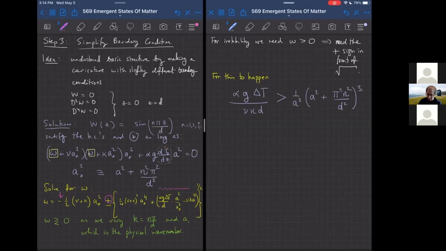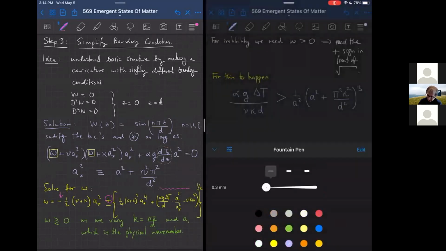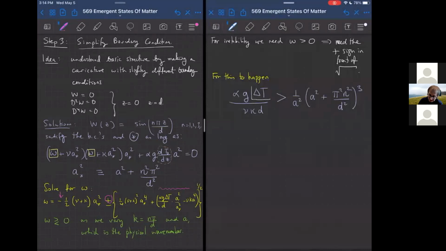Okay, so what you can see now is that this is a condition on delta T. Ultimately, what this is going to turn into is a condition that tells you how big a temperature difference you need in order for the system to go unstable.